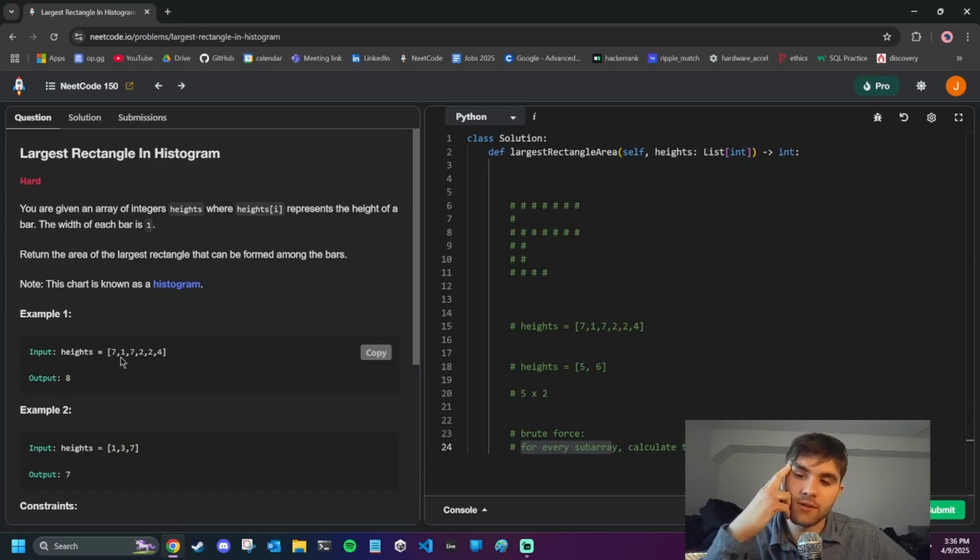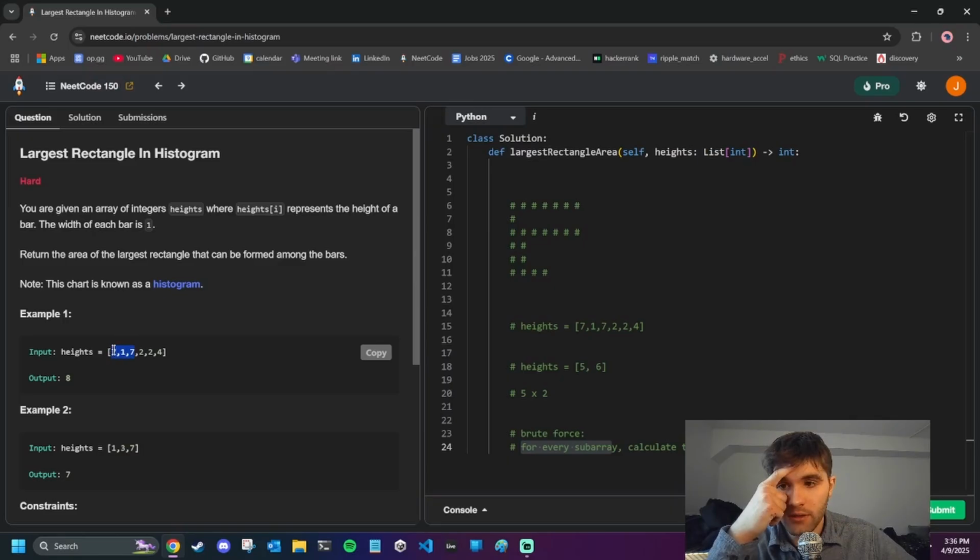Because if we keep going, when we encounter 7, our max so far is 7. When we see 7, 1, the next rectangle that we just got access to is of size 2, because it's the minimum of these times the length of it. So it's 1 times 2.